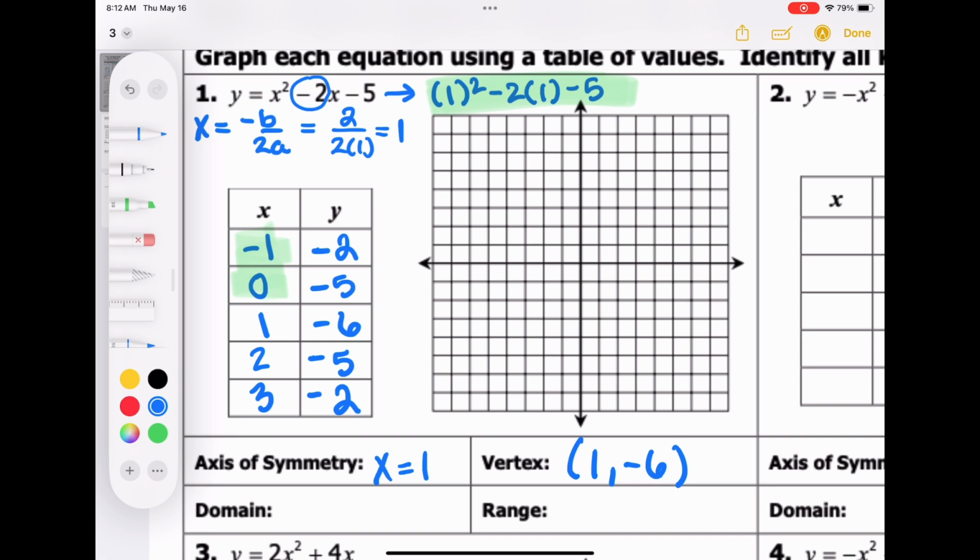So now that we have all that, we can graph this equation. I'm going to plot my points on this graph: 1, negative 2; 0, negative 5; 1, negative 6; 2, negative 5; and 3, negative 2. And so that's going to give me my quadratic.